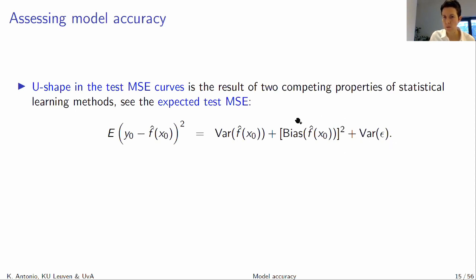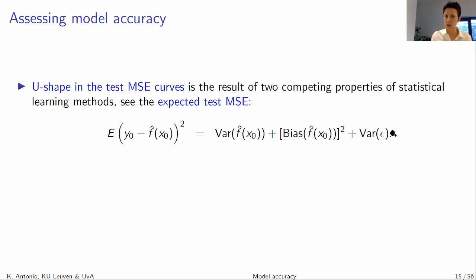So we recognize a bias, which is expressing the difference between the f evaluated in x naught and the expected value of the f hat we constructed evaluated in x naught. So this bias term squared. We recognize the variability of the predictive model that we constructed, and we recognize the variability of our noise term.